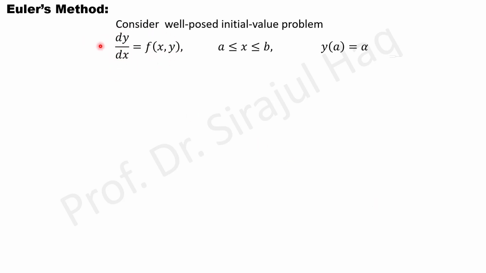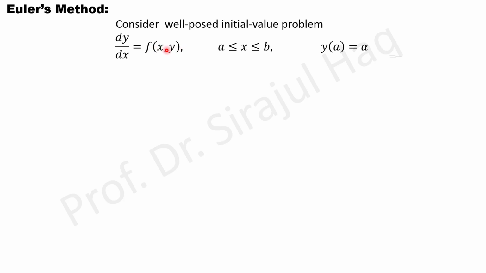And you know from your MT201 that if you have a differential equation and you are looking for its particular solution, in that case, for this first order differential equation, one condition is required to find out the particular solution. So you can see that dy by dx is a function of x and y.